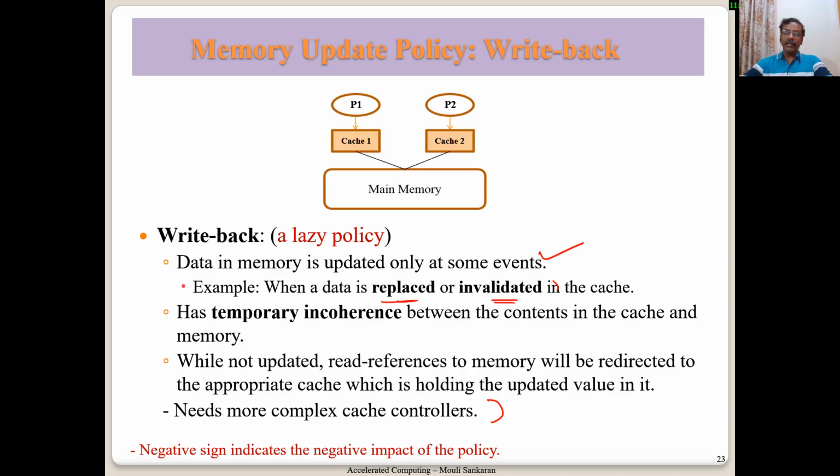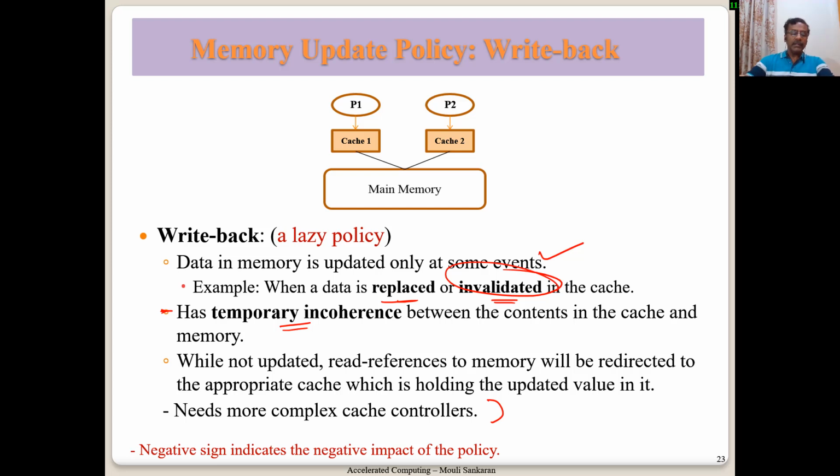While memory is not updated, read references to memory will be redirected to the appropriate cache. This is also to be addressed when we talk about cache coherence. Let me explain what that means. Suppose you have a read from one particular location X, and that location X is available in this cache.